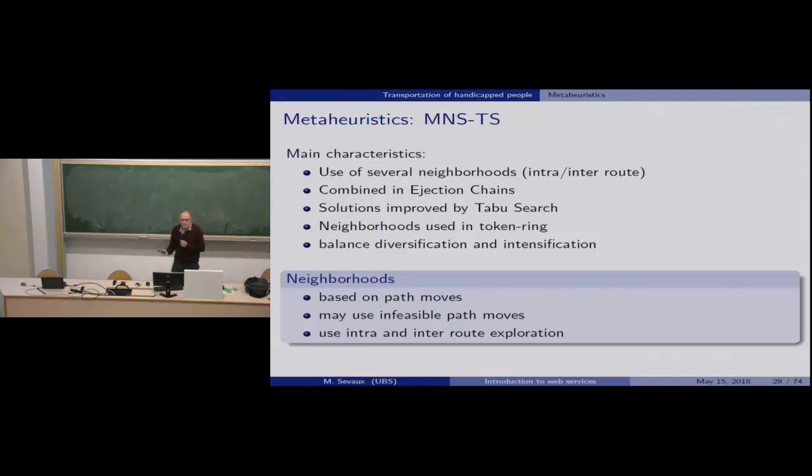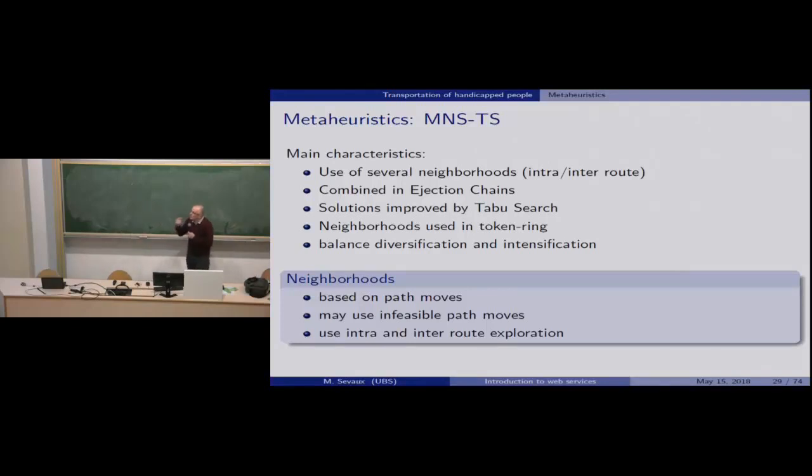We just built the routes starting from Clarke and Wright savings, as usual, and then we use different types of neighborhoods. This is mostly the strategy which is used in commercial routing software. Multiple neighborhood search. Okay, so you have a list of neighborhoods and you activate these neighborhoods in random order or sequential order or other. So this is the strategy we have.